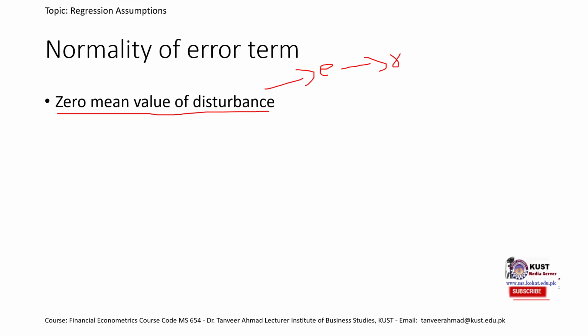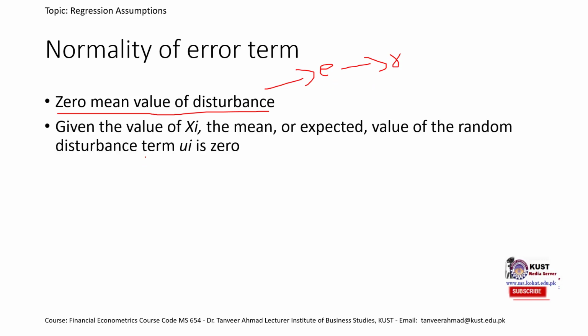So what this assumption states is that given the value of x, the mean or expected value of the random disturbance term should be 0. And symbolically it can be represented as expected value of the error term given or conditional upon the x value should be 0, or the expected value of the error term should be 0.